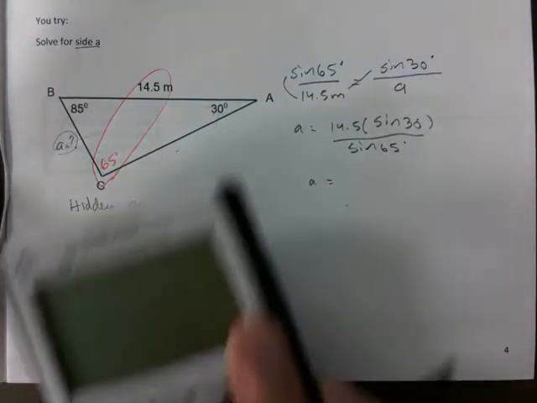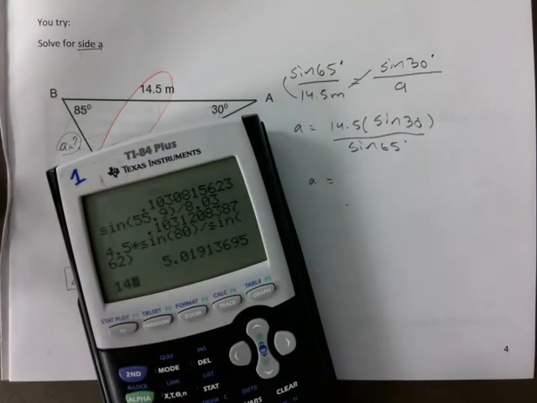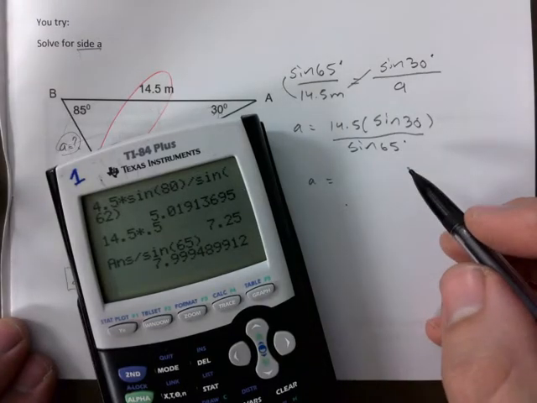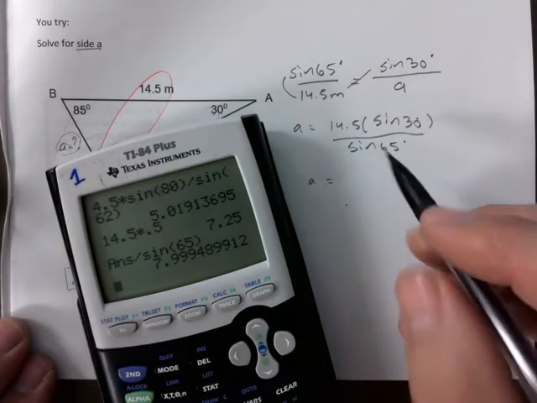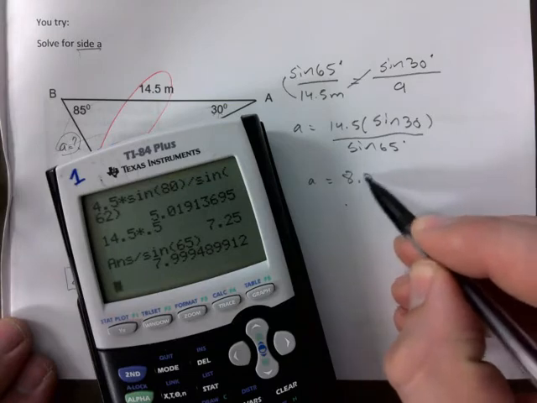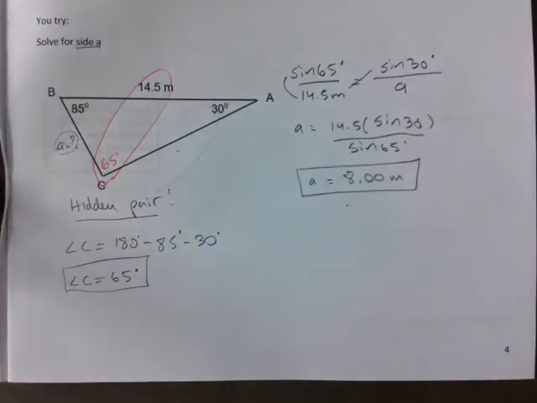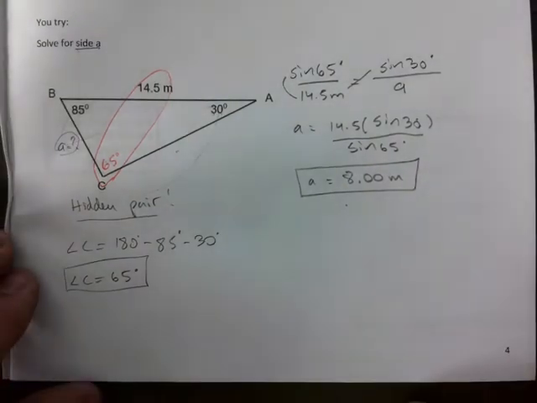So 14.5 times 0.5, because I know that that's what sine of 30 is. Is that what you're getting? 8 meters? Okay. And I'm just so used to stating it in 2 decimals, I just go ahead and go 0.00. Okay. And that's it.